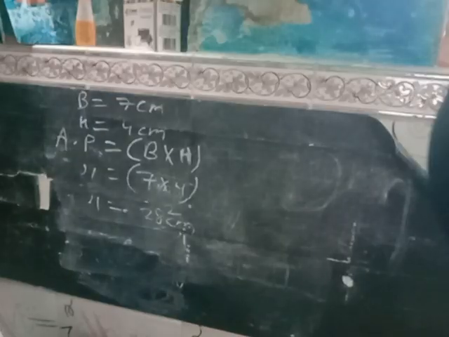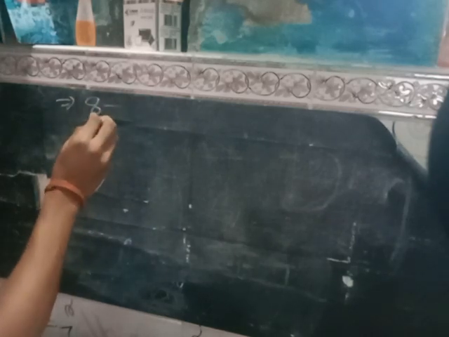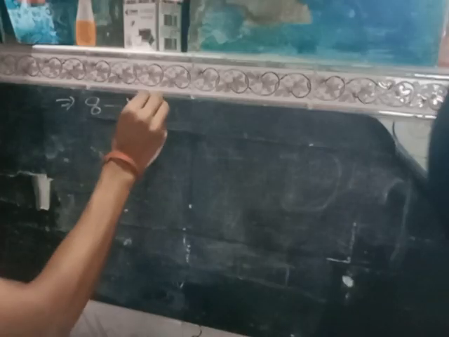And in algebraic expressions, chapter number 10, I take a question like: identify terms which contain y square, and give the coefficient of y and the coefficient of y square. So take an expression like 8 minus xy square.